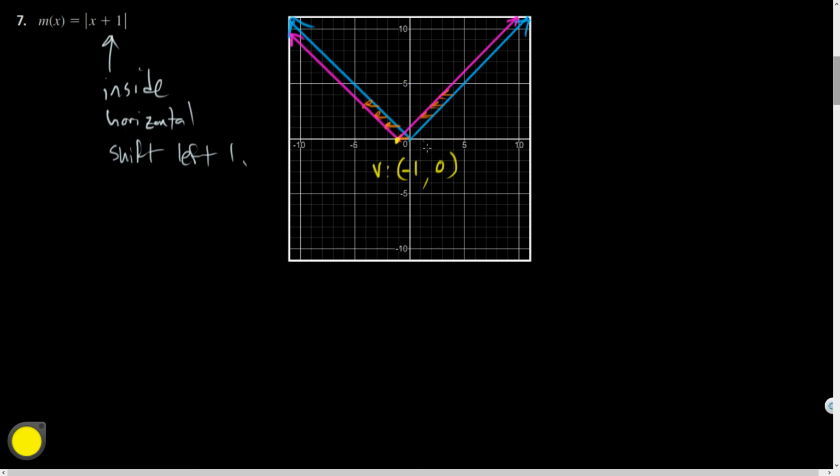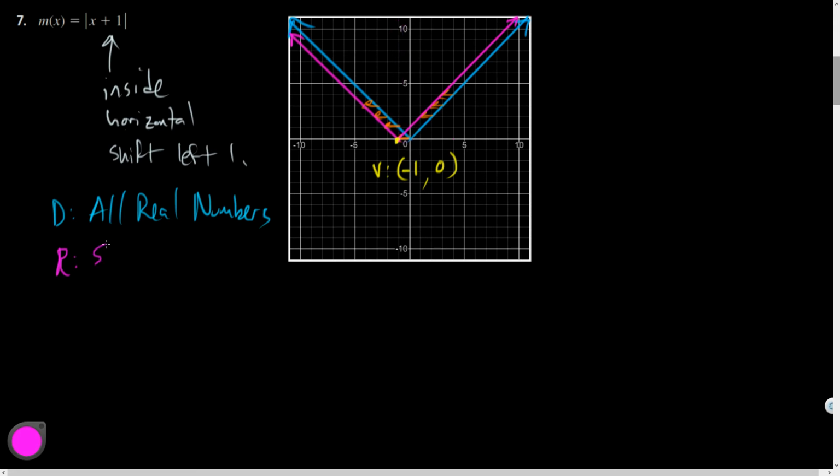It doesn't exist below here. So domain, I'll write it in blue. All real numbers. And the range, what do you guys think the range is?